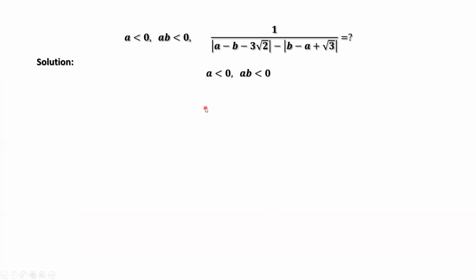From the given condition, a is less than 0 and a times b is less than 0, then we have b must be bigger than 0, and a minus b is less than 0, because a is negative, b is positive, negative b is negative, and negative plus negative is negative.